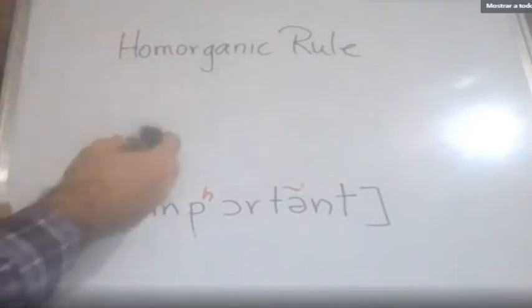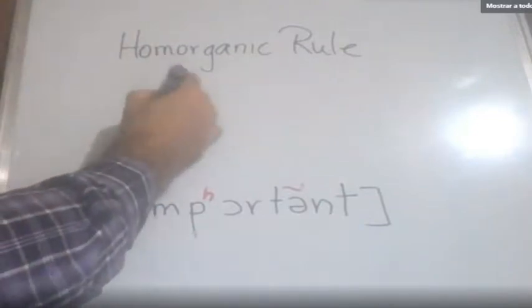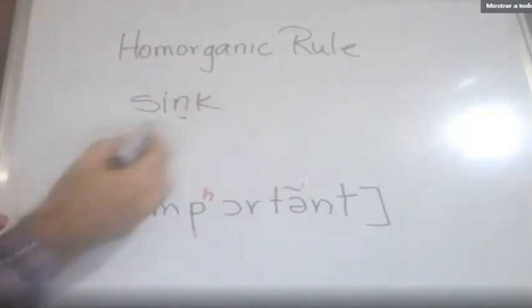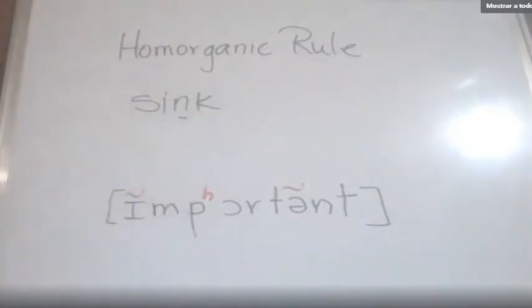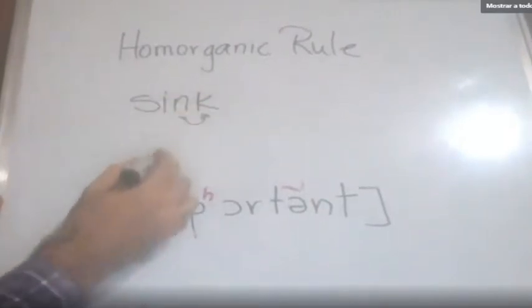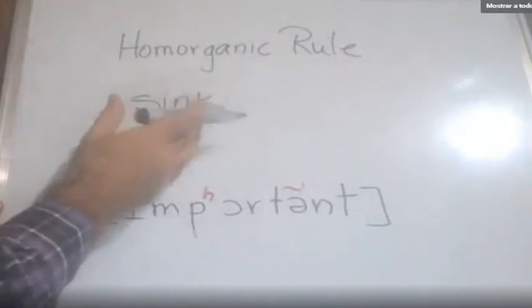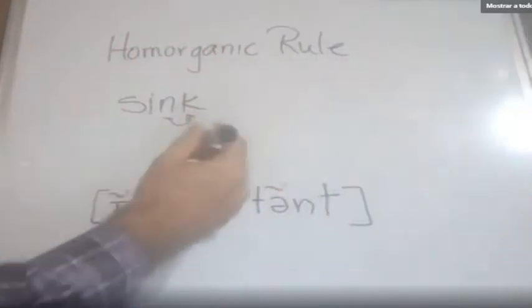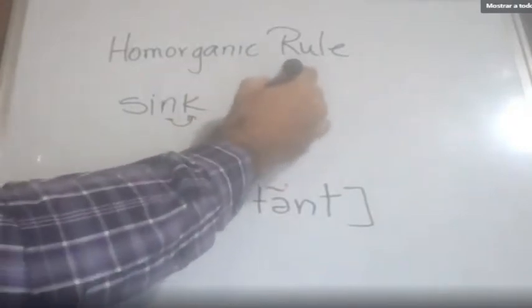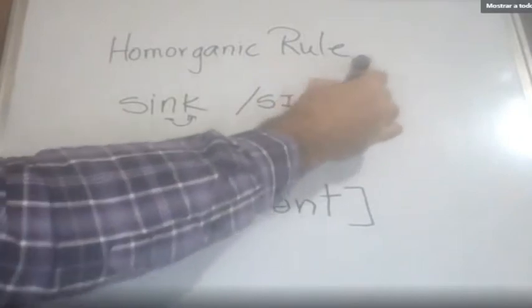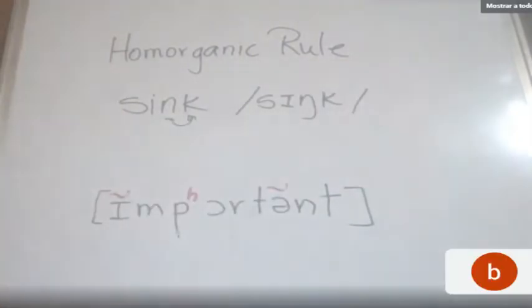It has its own symbol. But the reason why this N is not pronounced N is because of the homorganic rule. The next consonant sound is velar, so it makes the N change from alveolar to velar. So the pronunciation of this will be this. This is an example of the homorganic rule.